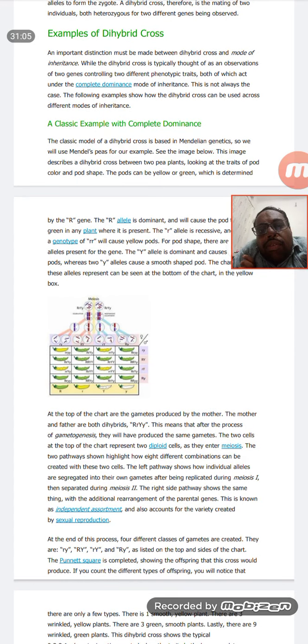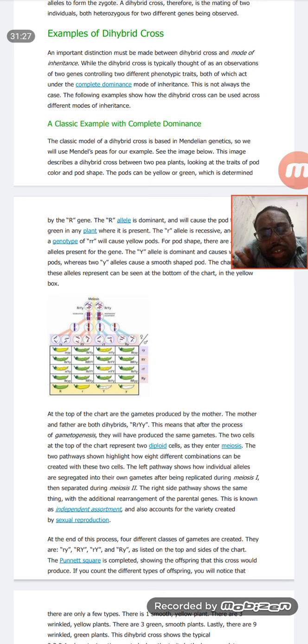Assort means they will mix independently. They will not see whether mixing with the green is good or with the yellow is good. They will mix independently. This is what Mendel proved as the second law of inheritance.